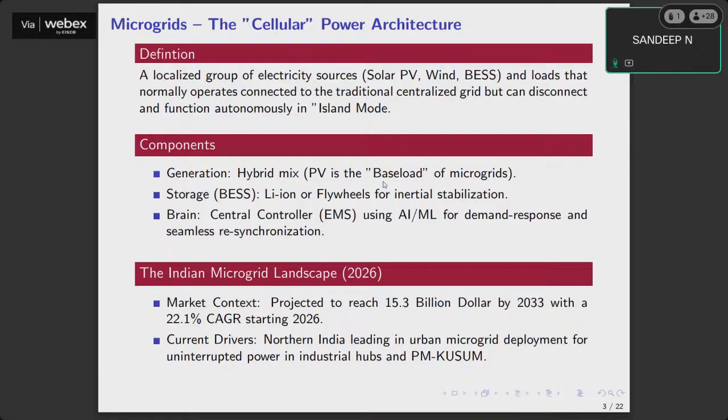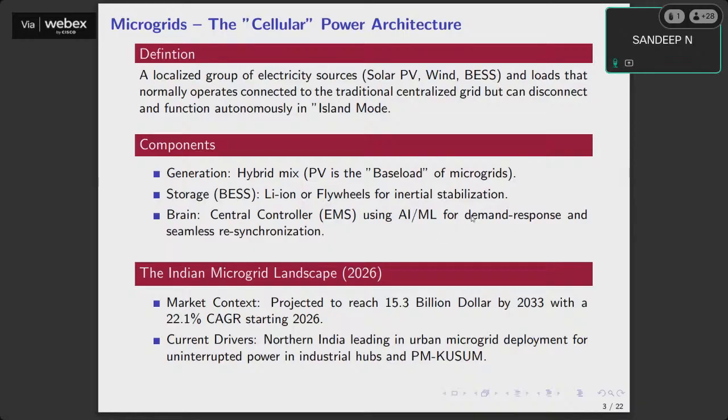So how do we do that? Energy management is going to make sure that if any excess energy is available, it will be dumped onto the batteries so that it gets stored, and whenever there is a deficit, that will be retrieved back. That is the main job of a central controller or energy management system. Nowadays we have AI/ML for demand response.